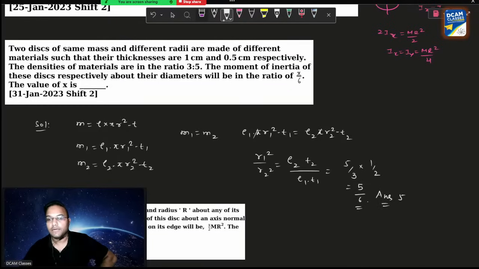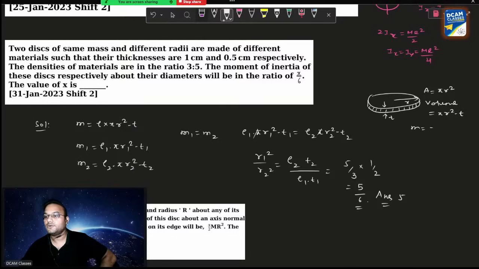If you are having difficulty in understanding, this is a disk, having some thickness t. Area of this is pi r square. Its volume will be pi r square into its thickness t.